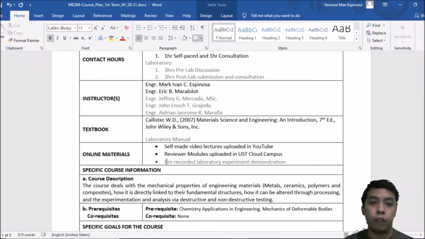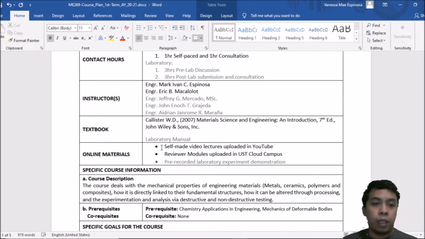The soft copy of this book will be given to you in Blackboard. If you are not comfortable with the material I stated here, or you cannot find it, or you prefer another book, as long as it is a Material Science and Engineering reference book, you can use it.